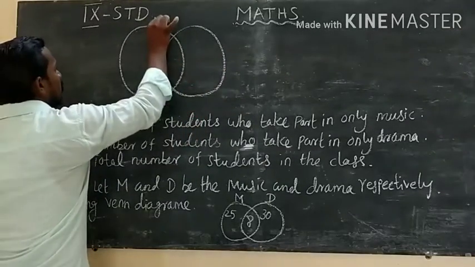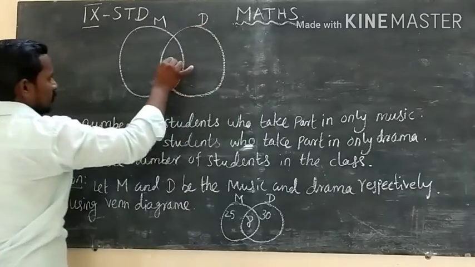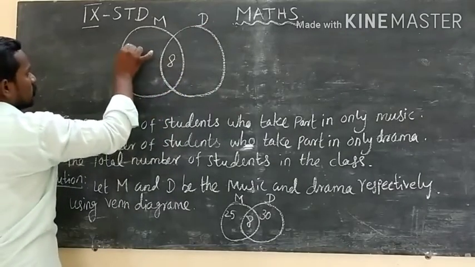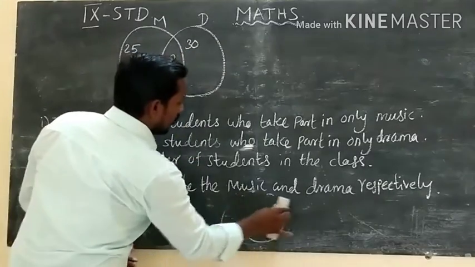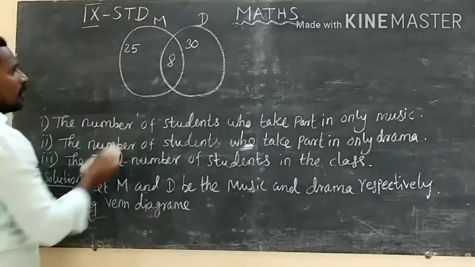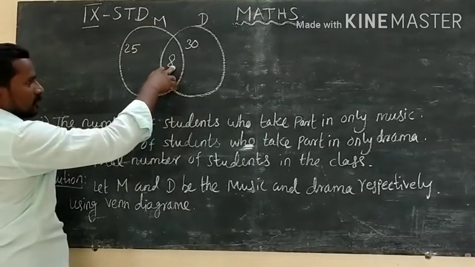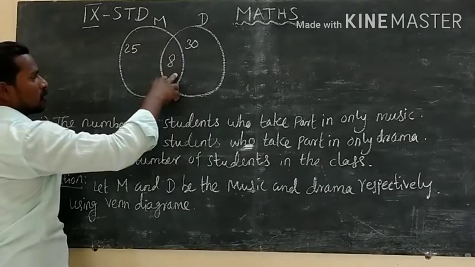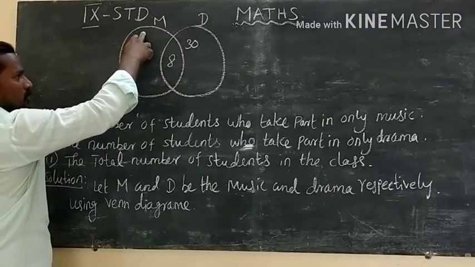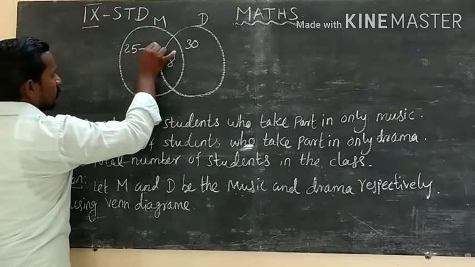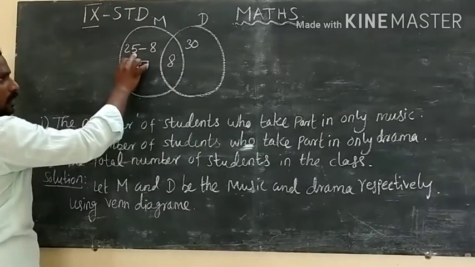So consider two joint Venn circles, M and D. This is 25, this is 30. The next step is to subtract the common portion from the number of music students: 25 minus 8 equals 17.